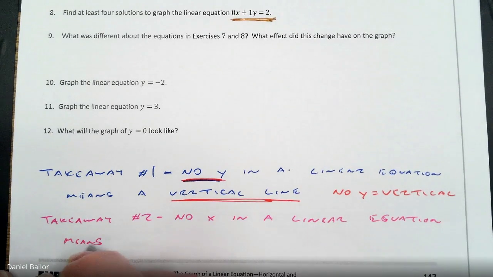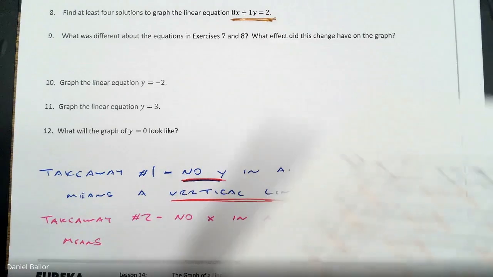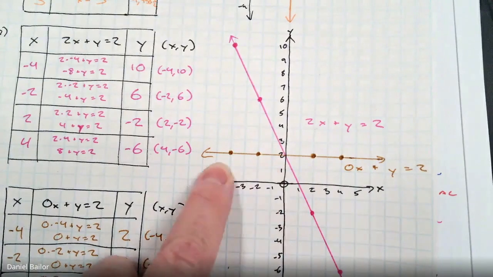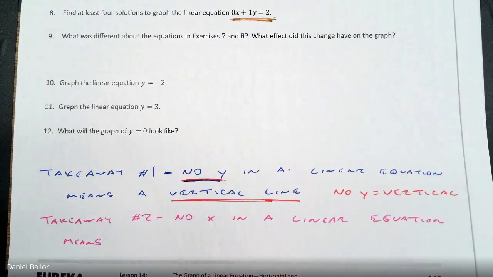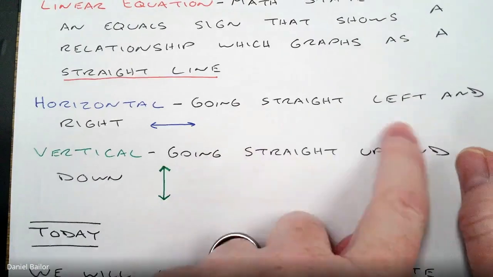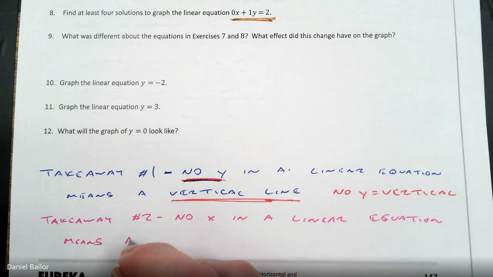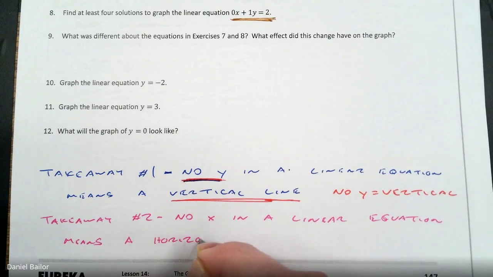Remember this line is going straight left and right. If you remember our vocabulary, straight left and right was horizontal. So no x in a linear equation means a horizontal line.